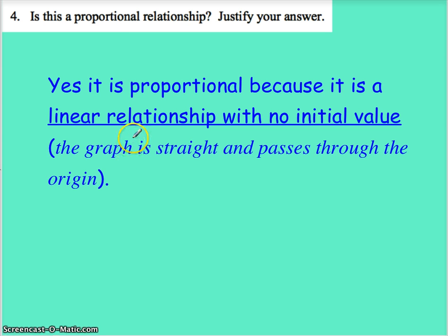It's proportional because it's a linear relationship, which means straight, and it has no initial value, which means it's passing through the origin. Because it started at 0, our graph went right through the origin. And that's a graphical indicator of proportionality. So yes, it's a linear relationship with no initial value, which is to say that the graph is straight and it passes through the origin.